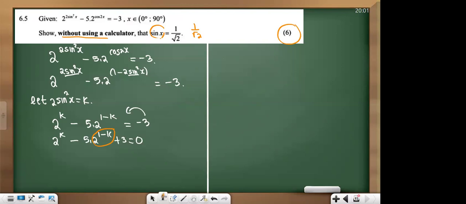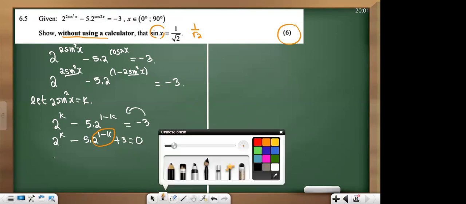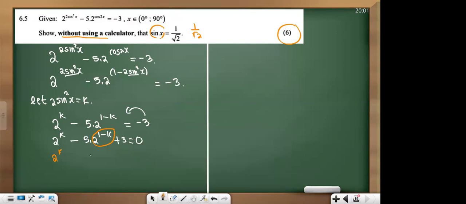So it's 2 to the power k minus 5 times 2 to the power 1 times 2 to the power -k. The law says when we multiply powers of the same base, we add the exponents. If I'm adding this, it brings me back to where I was.